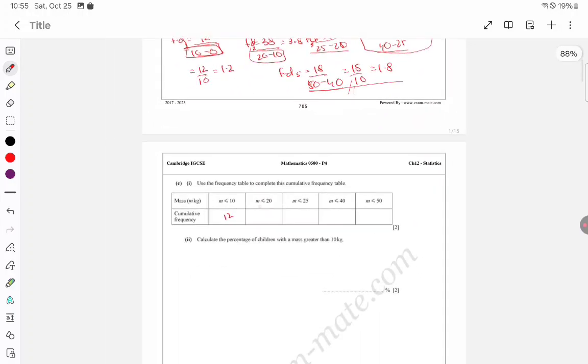So add this 38 with 12 and get our cumulative frequency of 50. Again add this 50 with the 32, 82. Again 82 plus the given frequency 50, 132. 132 plus the given frequency 18, 150.